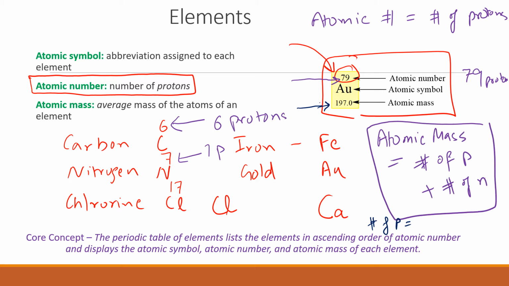If you reshuffle this formula, you get the number of neutrons is equal to the atomic mass minus the atomic number. So if you subtract the atomic number from the atomic mass in the case of gold, the number of neutrons comes out to be 118. So gold has 118 neutrons.